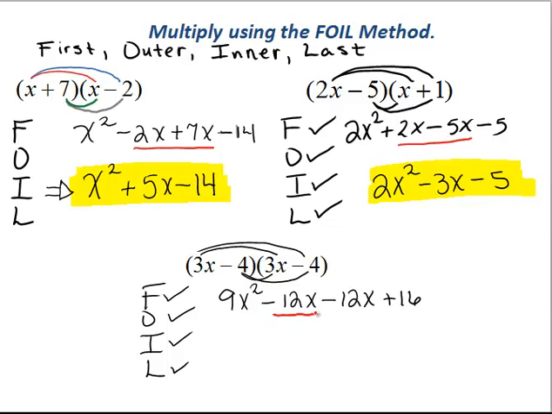Again, we will combine our middle terms here since they are like terms. And our final answer becomes 9x squared minus 24x plus 16. So we've used the FOIL method for all three examples to multiply two binomials.